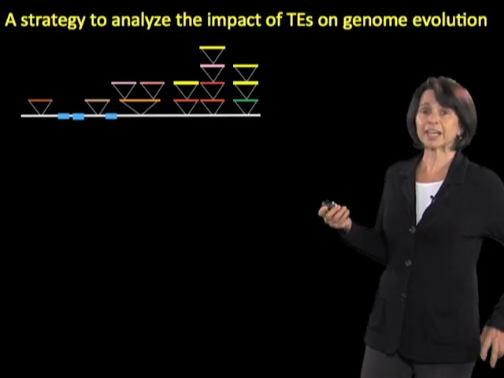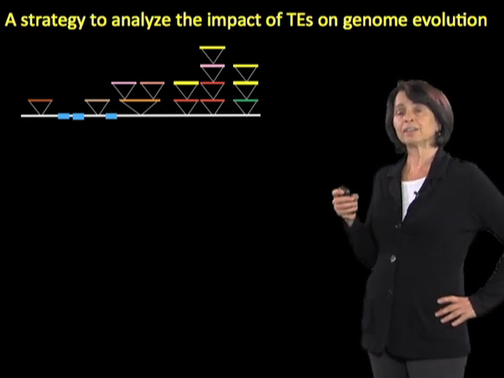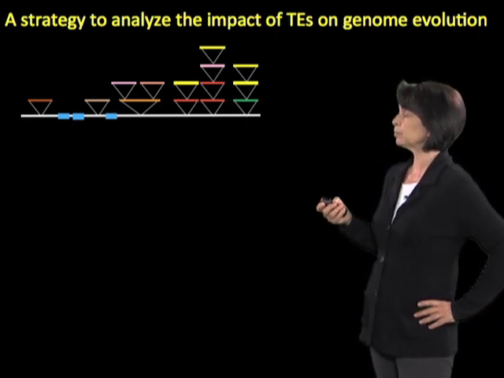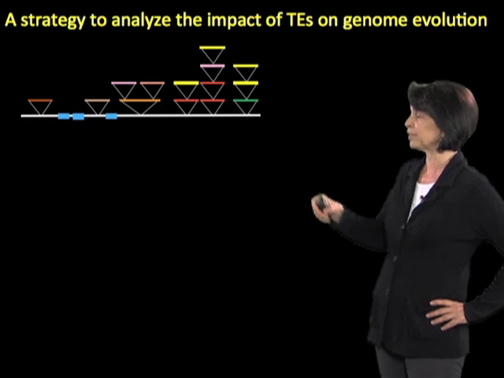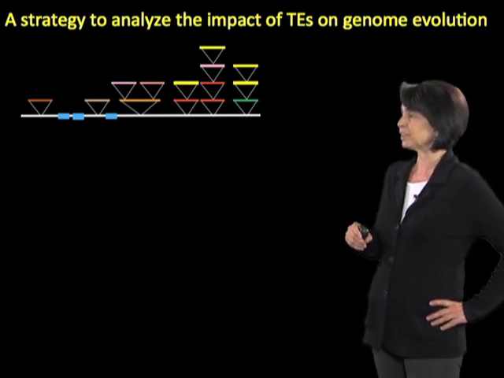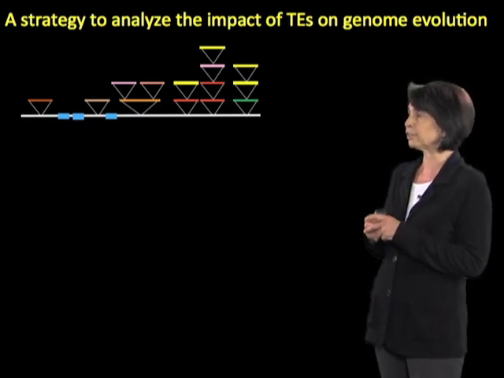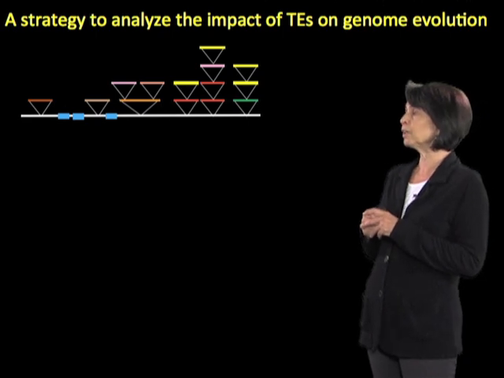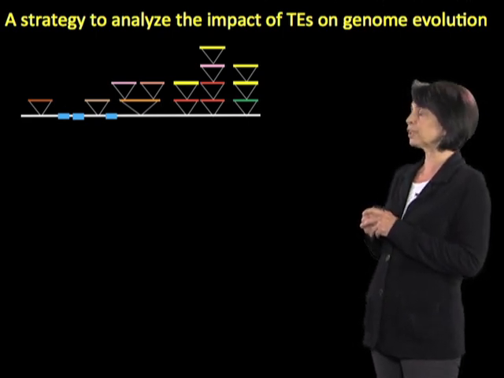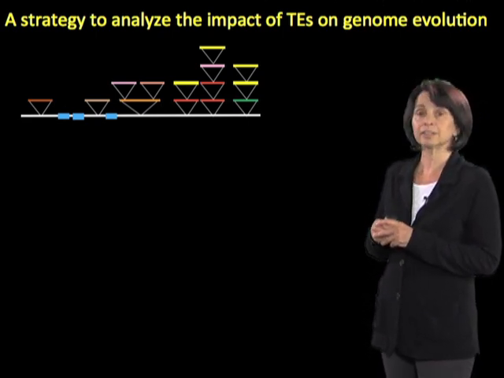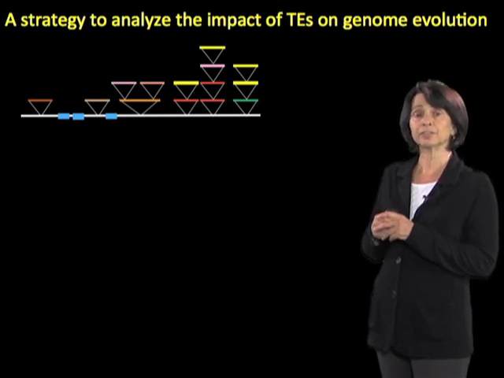So here's our strategy for analyzing the impact of transposable elements on genome evolution. This is a figure from the previous talk, which is a typical region of a grass genome, from the barley genome. The blue boxes are genes, and the triangles are transposable elements.